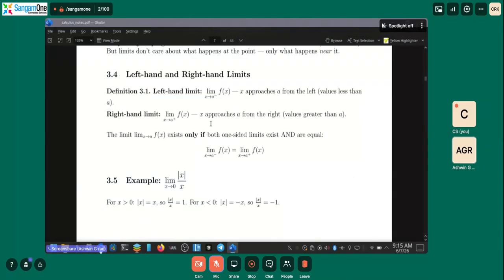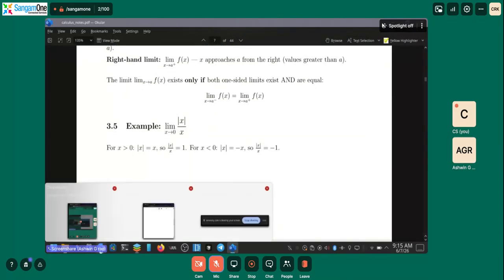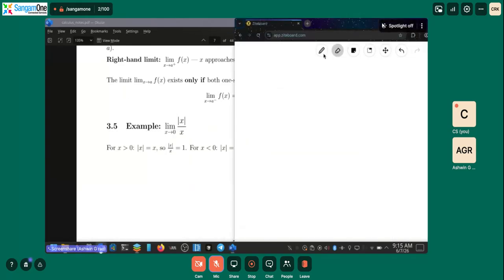I will go with numericals. So examples, let's go with numericals. What they've given is the limit as x tends to 0 of mod x divided by x.